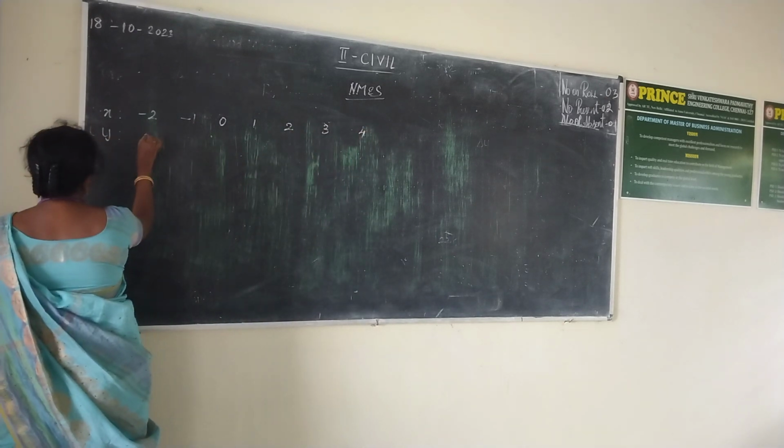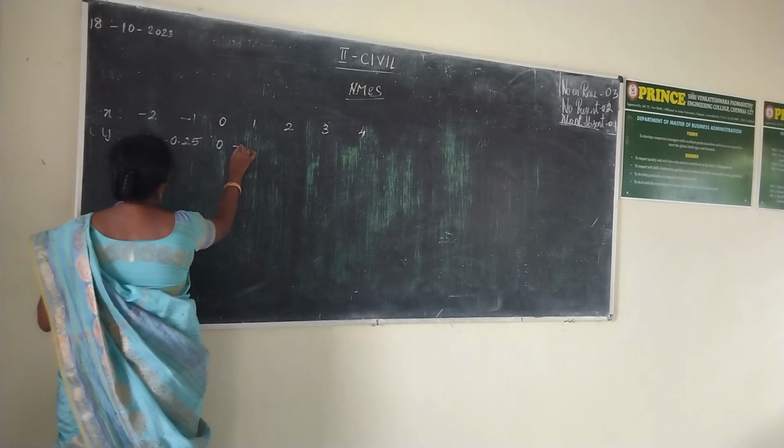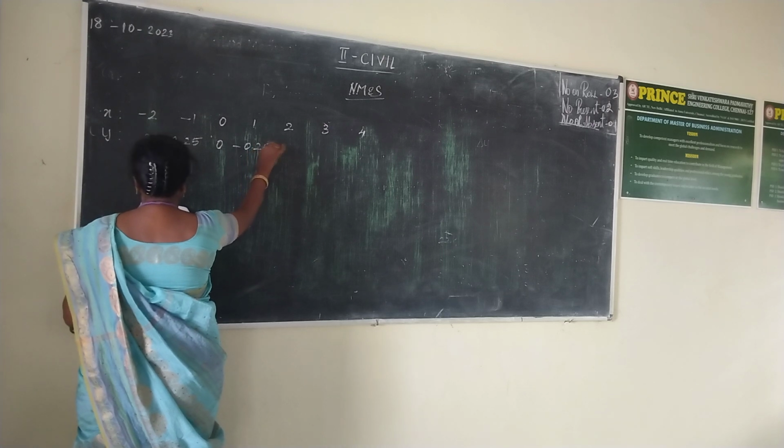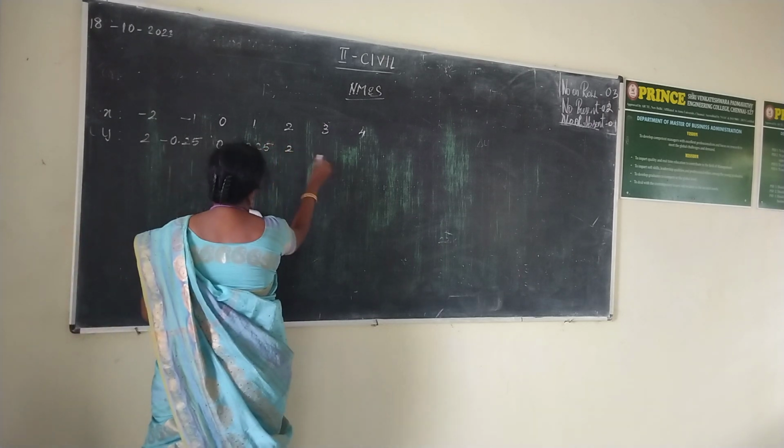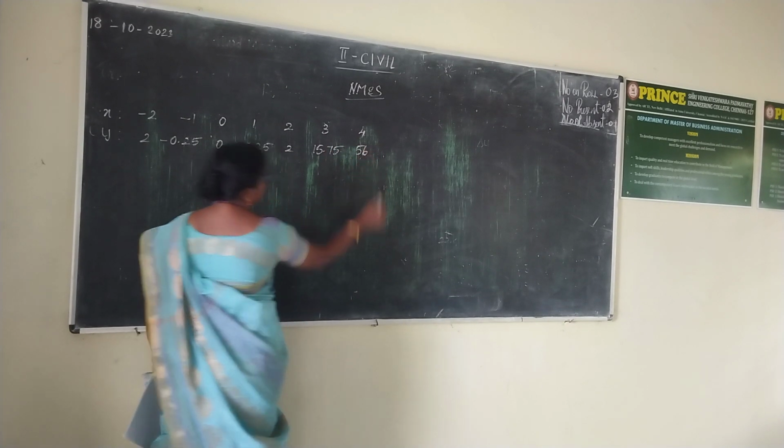Corresponding y values: 2, -0.25, 0, -0.25, 2, 15.75, 56.